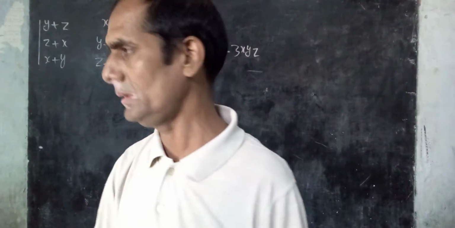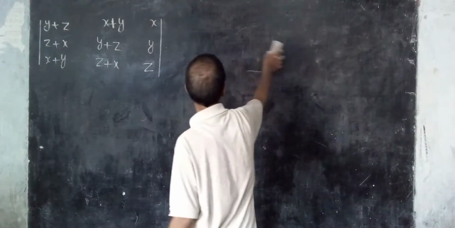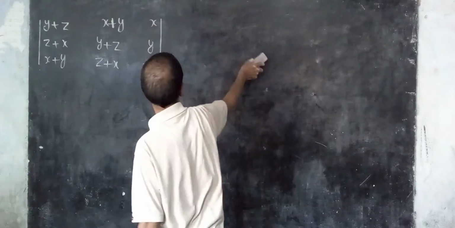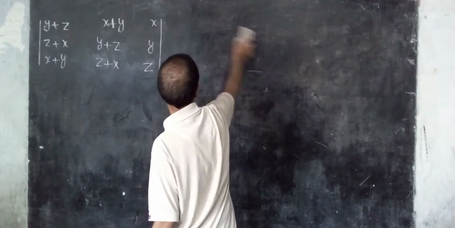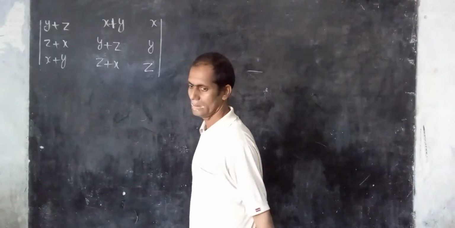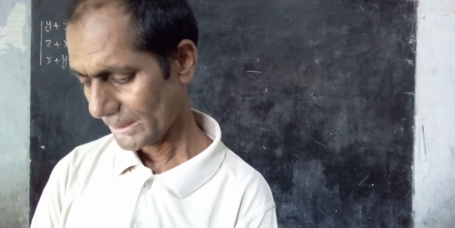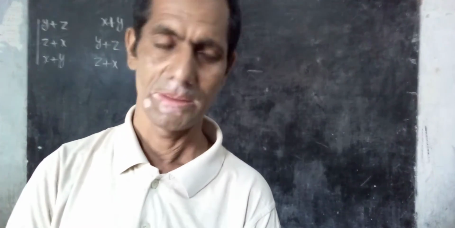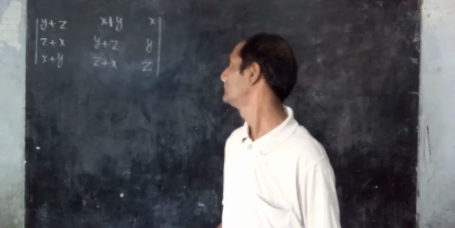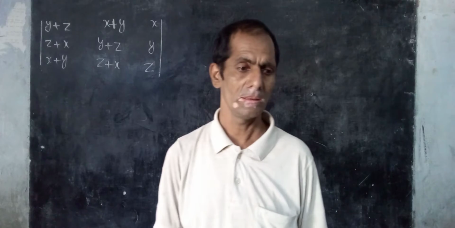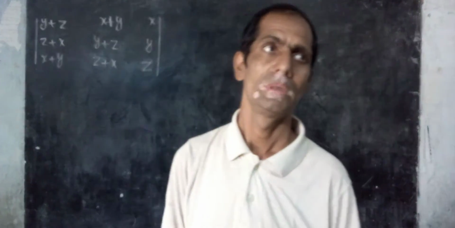But expanding the determinant is not a simple method. First we make maximum zeros in one of the rows or columns of the determinant, and then expand the determinant with respect to that row or column.